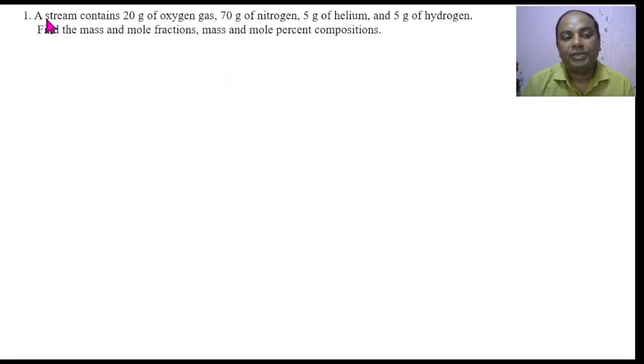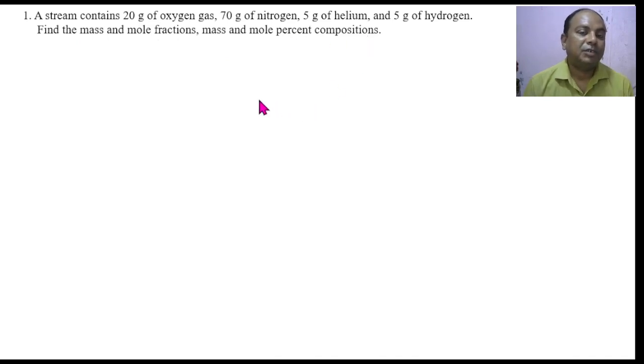The problem is: a stream contains 20 gram of oxygen gas, 70 gram of nitrogen, 5 gram of helium and 5 gram of hydrogen. What we are asked to determine is the mass and mole fraction as well as the mass and mole percent composition.